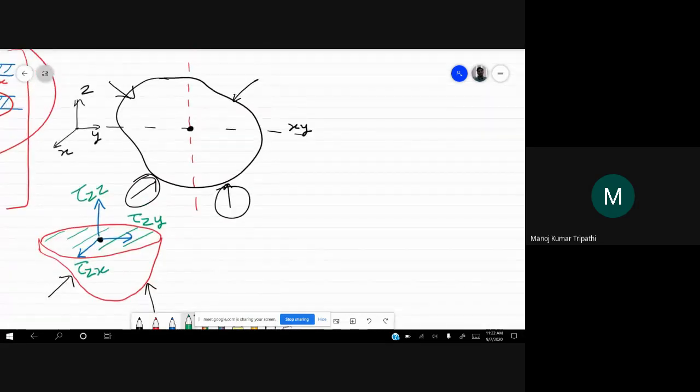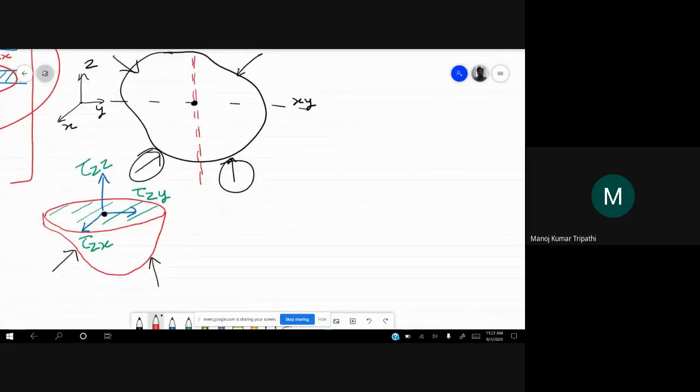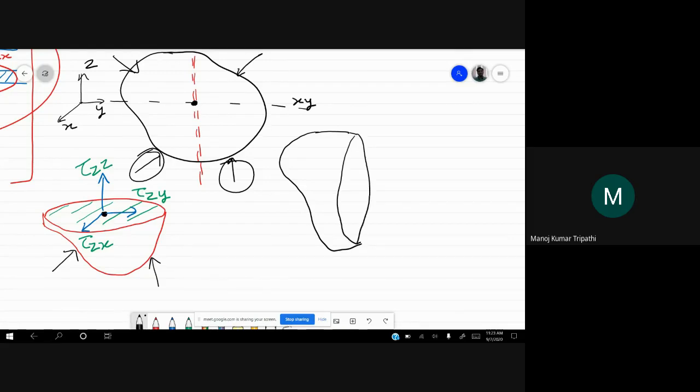Similarly, if we took this red section in the xz plane, then we can draw this body again, like this, let's say.